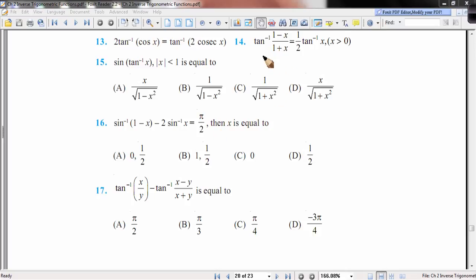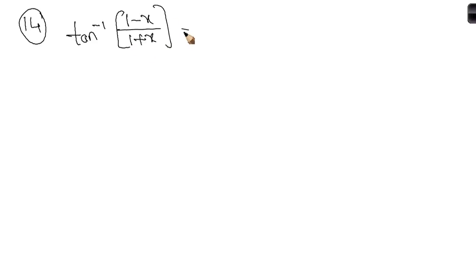Solve the following equation: tan inverse of 1 minus x upon 1 plus x is equal to half tan inverse of x.